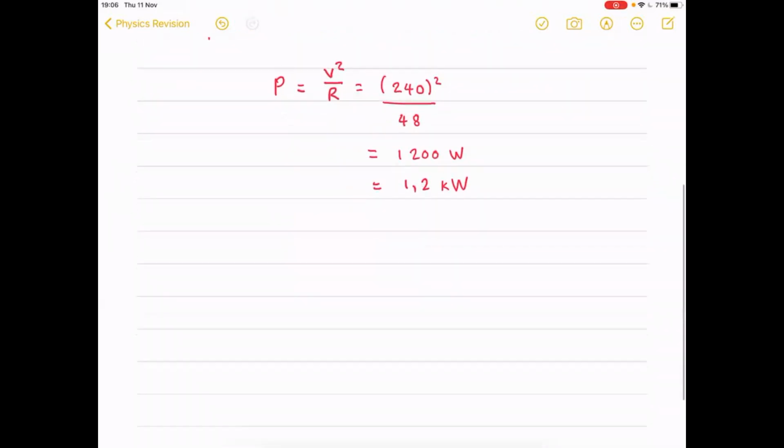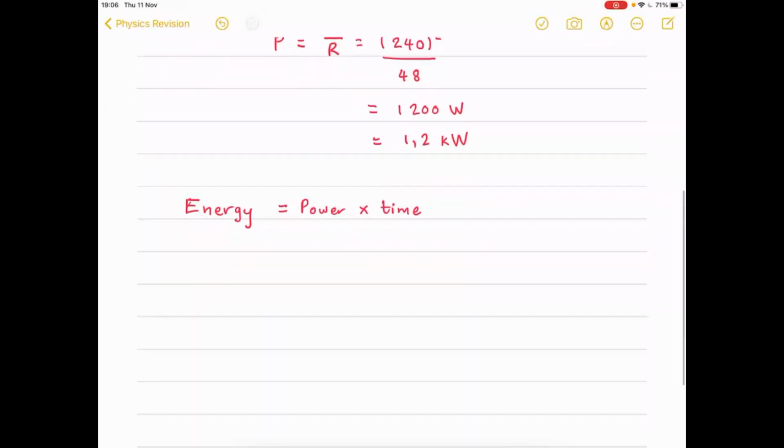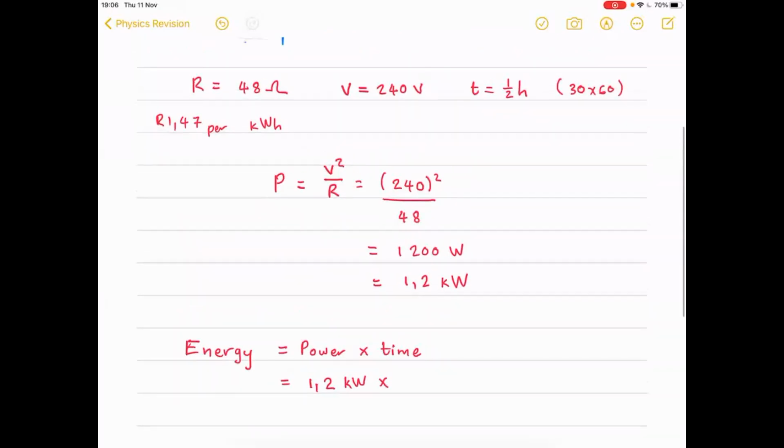So what is the energy? Maybe I'm writing too many steps, but I think it'll help. It's power multiplied by time. So the power is 1.2, and I'm going to put the unit in here, kilowatts, multiplied by the time. What am I going to use for time?